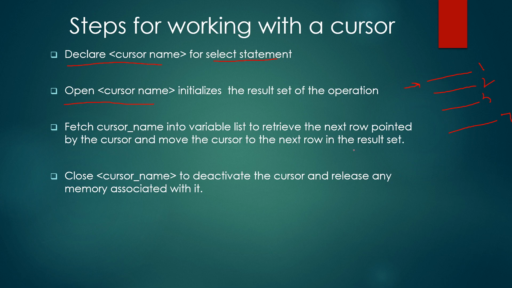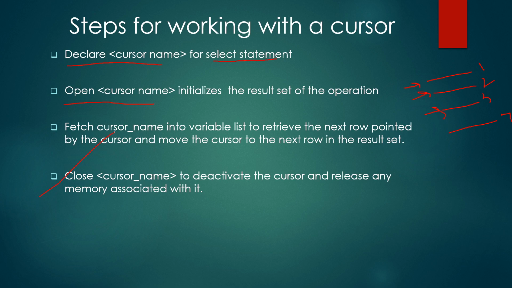So as soon as I fetch data of my first row, then cursor will point to the next row. Similarly, it will keep pointing to the next row, and we can access these values and store them inside a variable so that I can use it in future as well. Okay, so we can just access the column values and store them inside a variable.